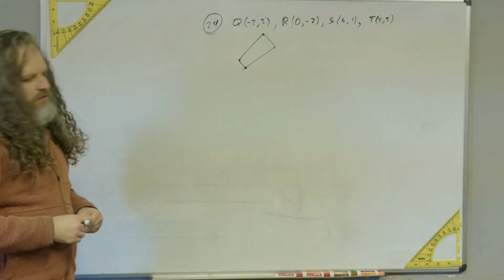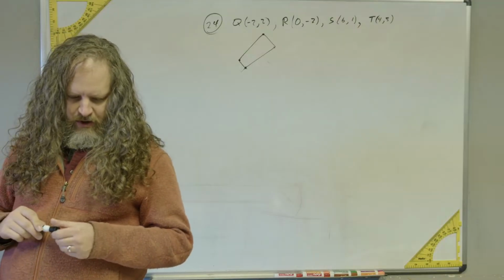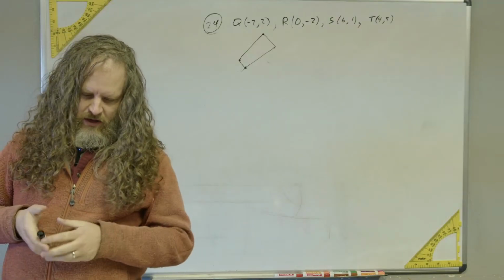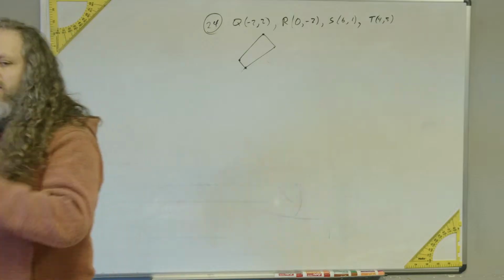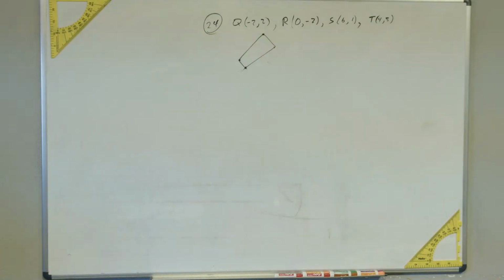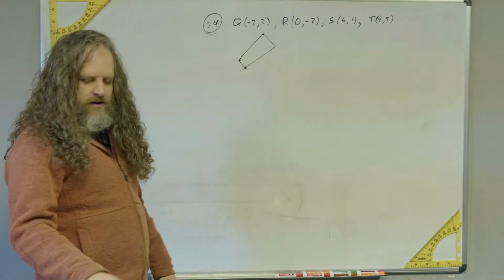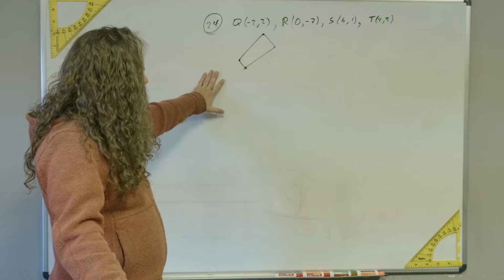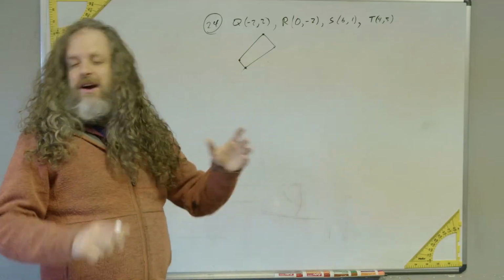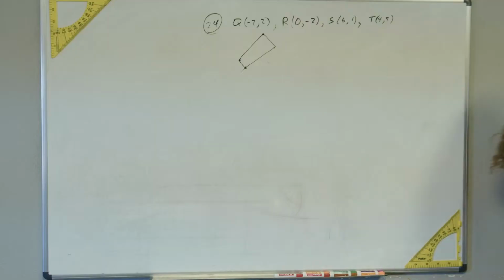So, we're supposed to determine whether the figure is a rectangle using the distance formula. So what distance-related things do we know about rectangles? The sides, true enough. So if the opposite sides are congruent, then it's a parallelogram, at least, right? So we need one more thing to make it a rectangle.